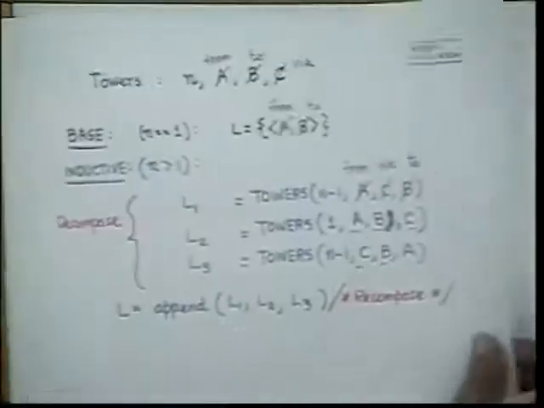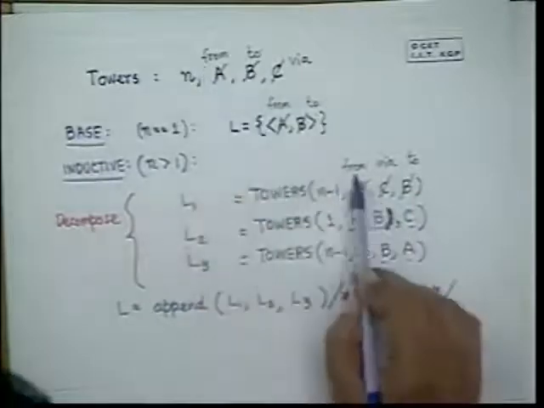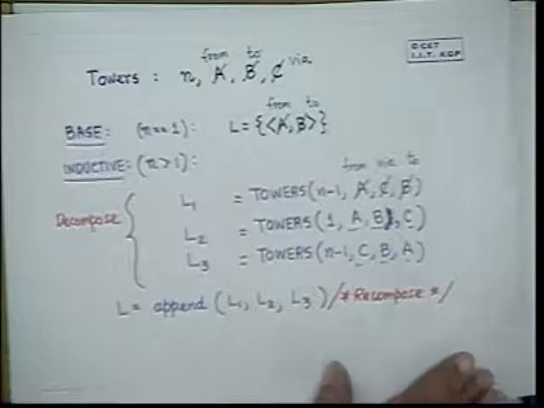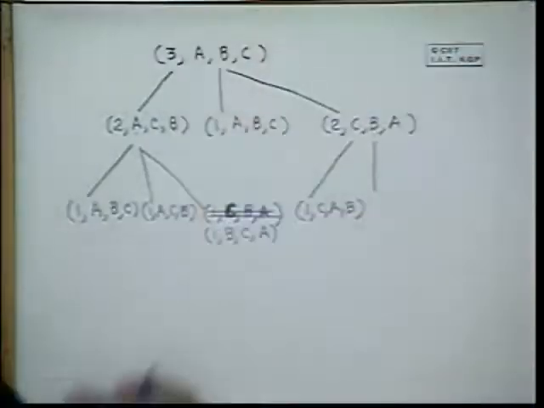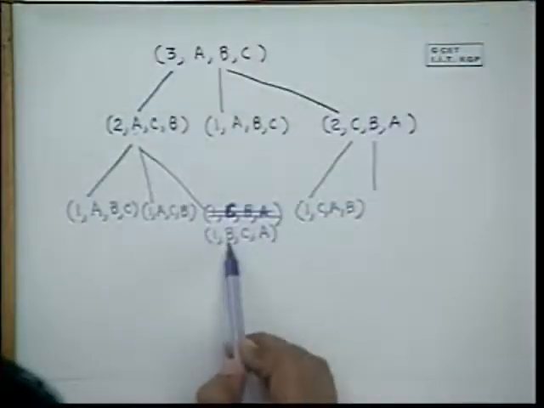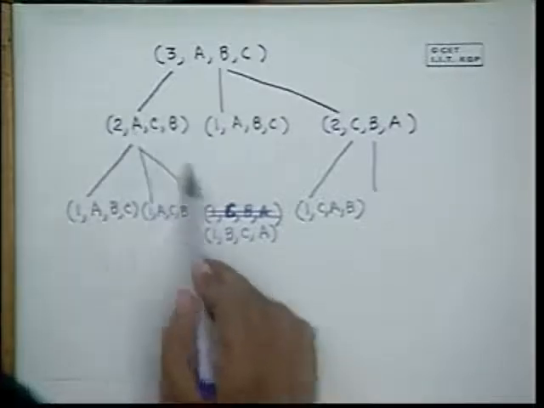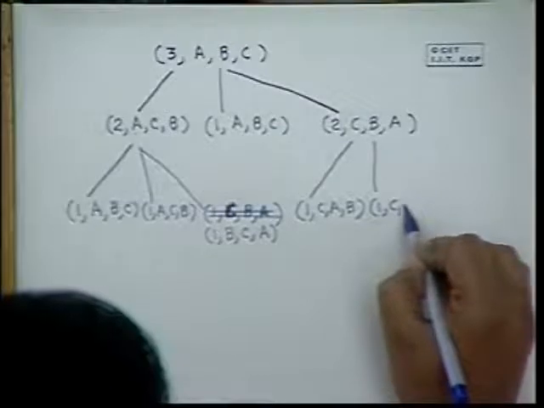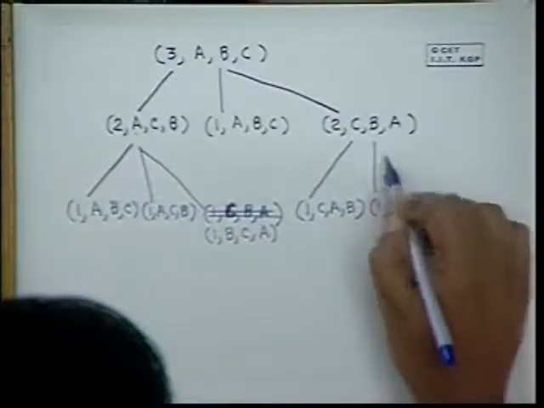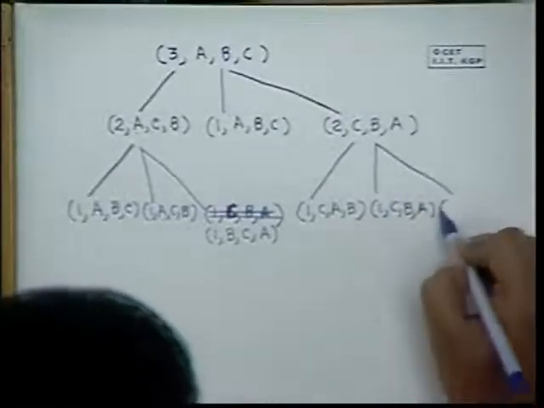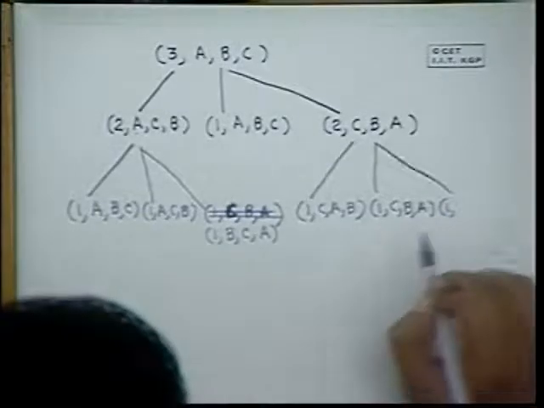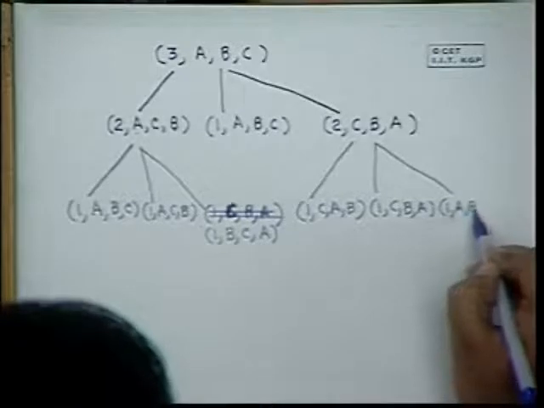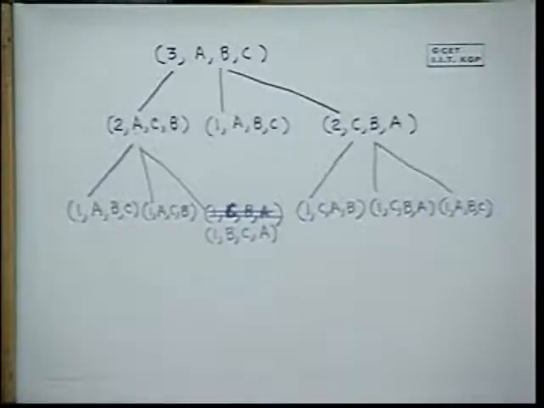Let's go back. This is from to via, this is from via to, and this is via to from. So this goes here, this goes here, and this goes here. That's fine. 1C, B, A. And now let's get this one correct. This is 1A, B, C. Okay.